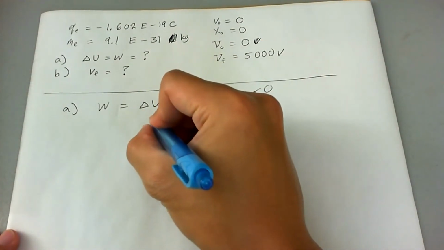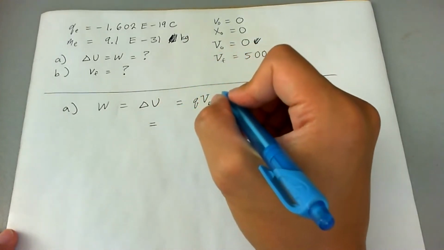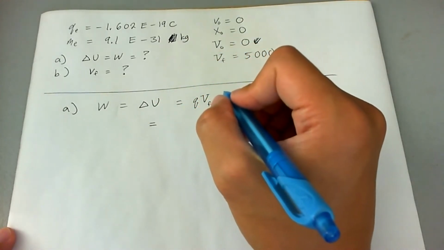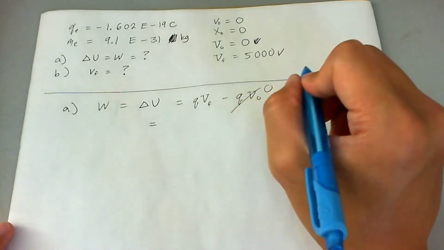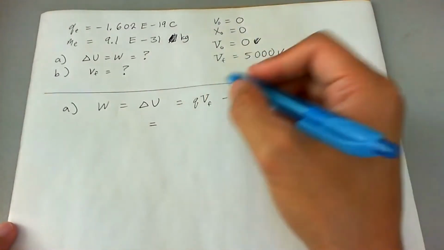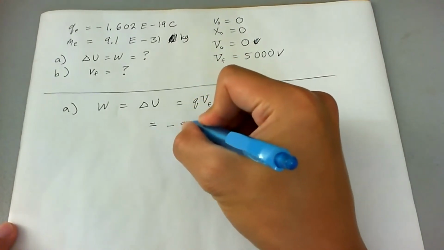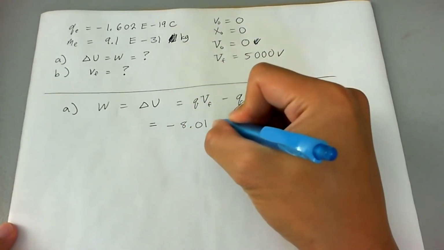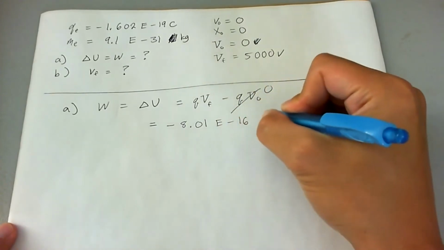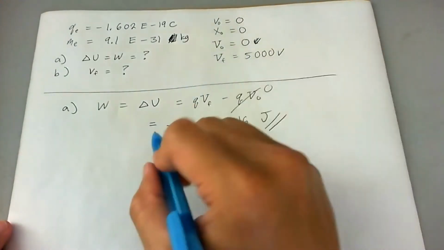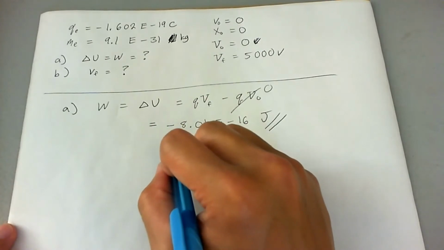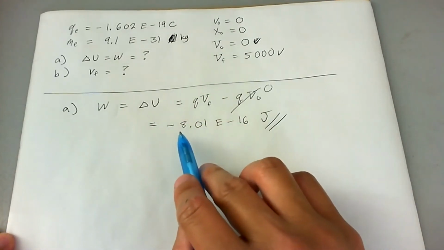So the work done to this electron during its journey from one plate of the parallel plate capacitor to the other is just going to be Q times 5,000, and that ends up being negative 8.01 times 10 to the negative 16 joules. And as you can see, there's a negative value, so it does negative work.